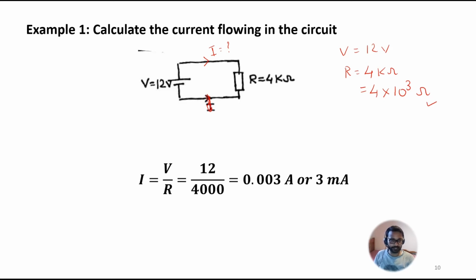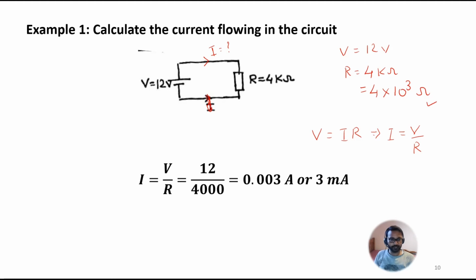Obviously we have already identified that we have to apply Ohm's law in this question to find out the value of current. So we can modify this equation and write it down as current is equal to voltage divided by resistance. And since we have already converted the unit into the same standard, now we can apply the values.